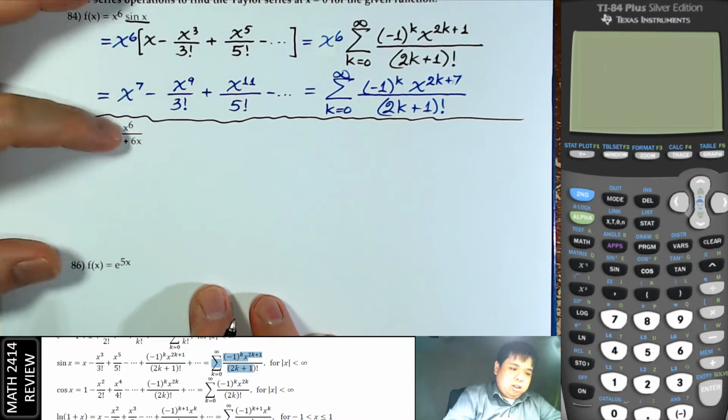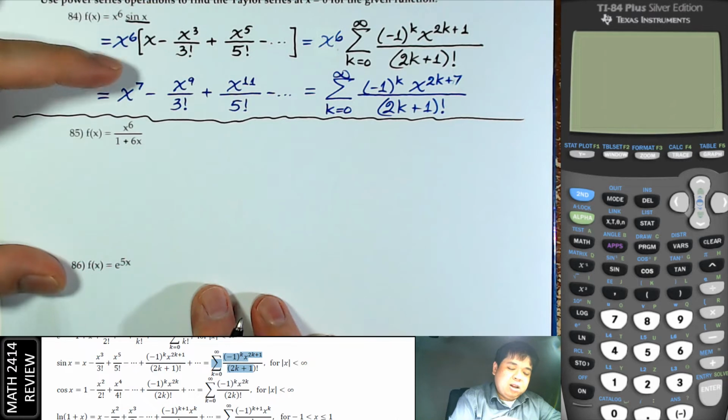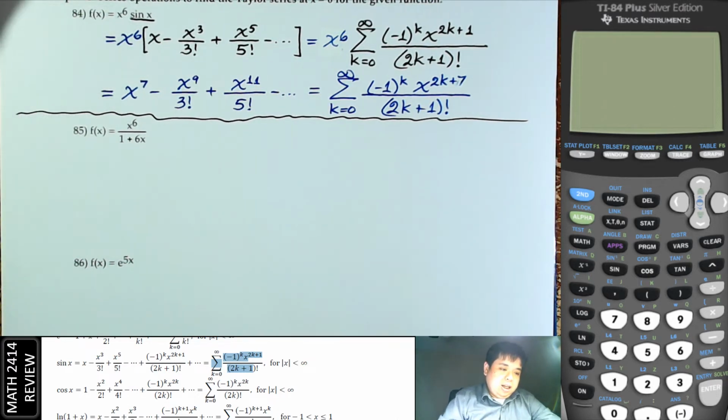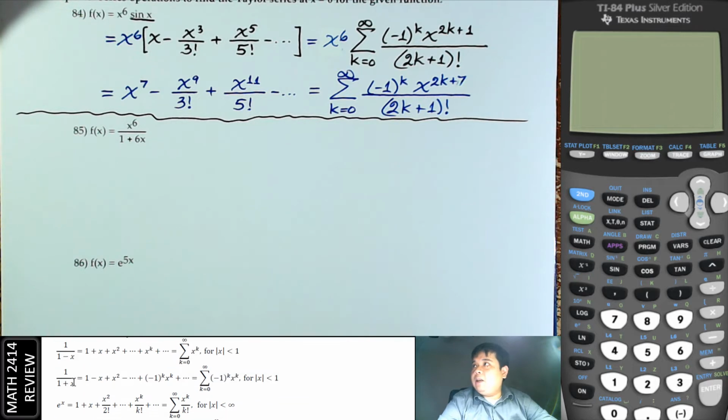Next we have x to the 6 once again, and then 1 plus 6x. Alright, so this, if we look, we can either use this one with 6x instead of x, or we can use this one as well. So bottom line is one of those two.